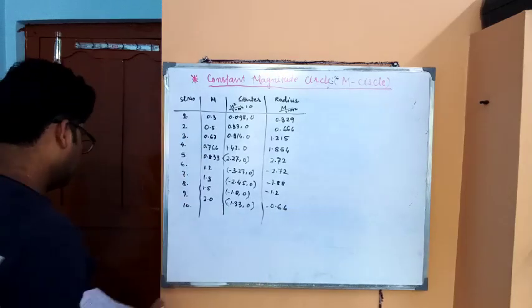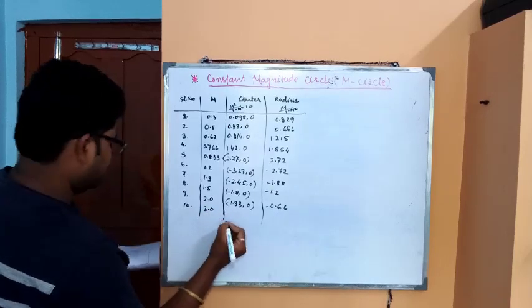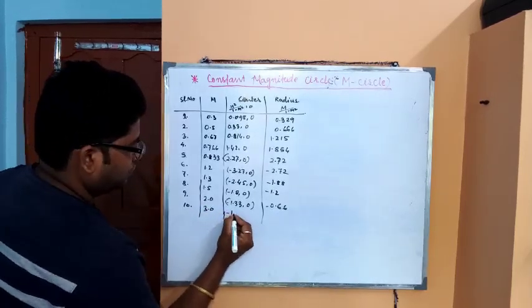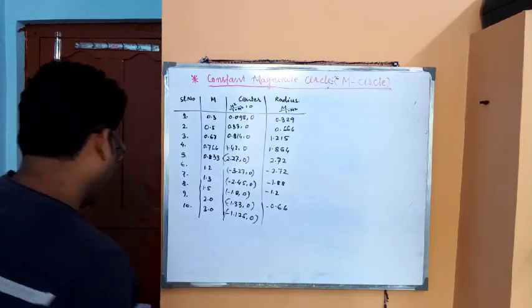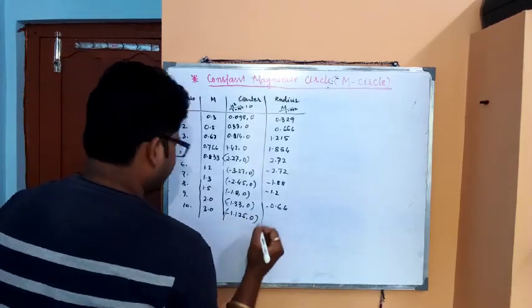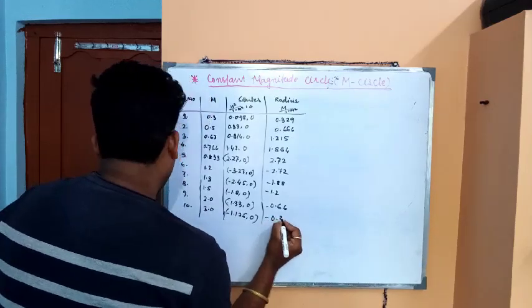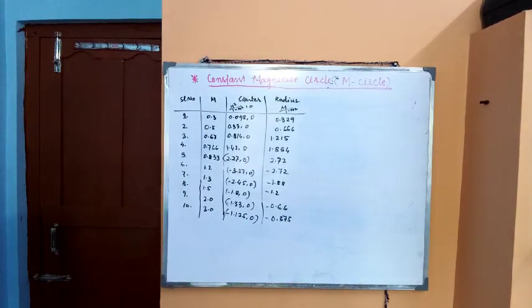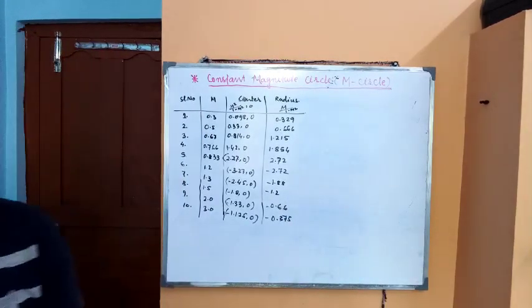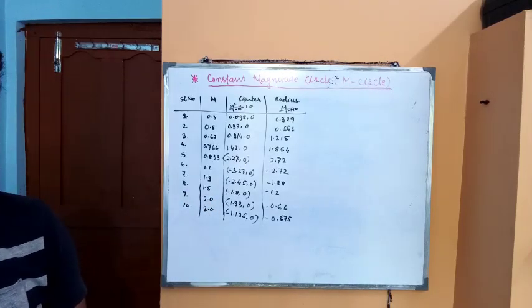For the 10th value of m we are considering 3.0, and with respect to this value we got minus 1.125, 0 as the center, and with respect to this value of m we got minus 0.375 as the radius of the circle. So now with the help of this data we can draw the constant magnitude circle.